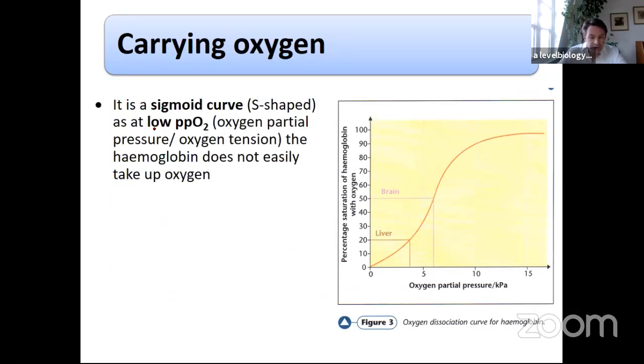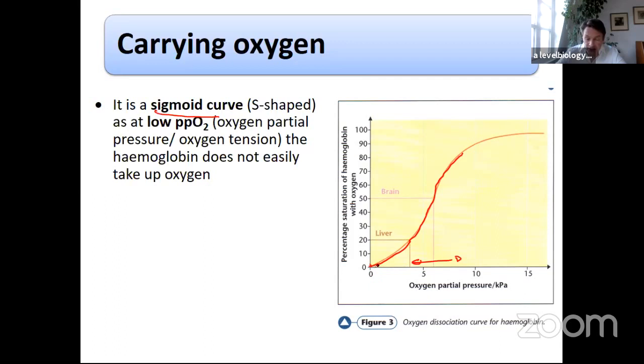Now, this curve is referred to as a sigmoid curve because at low partial pressures, the hemoglobin doesn't take up oxygen very readily, but as the partial pressure increases, all of a sudden it takes up a lot of oxygen very rapidly for a very small change in partial pressure.